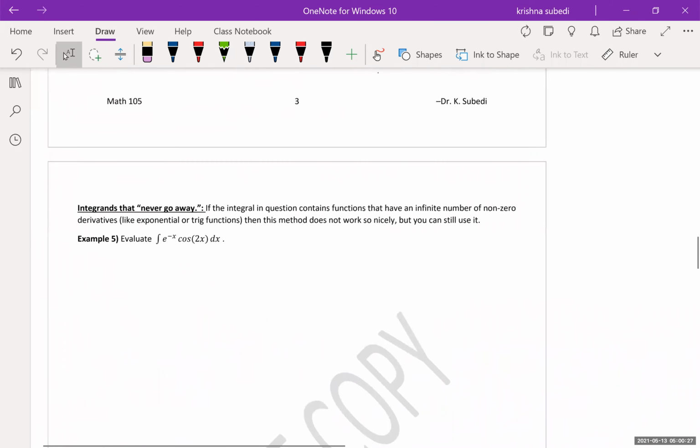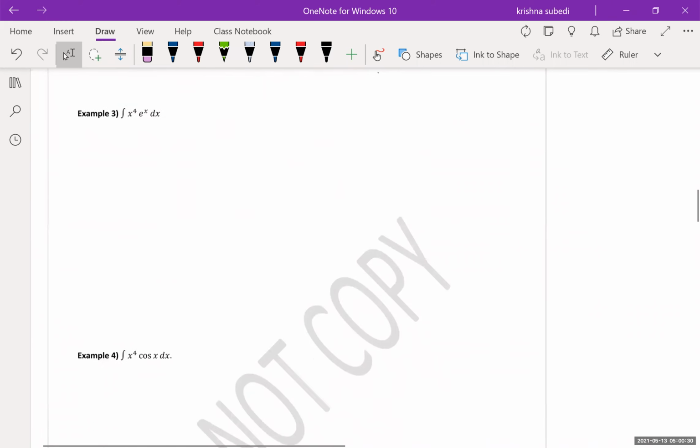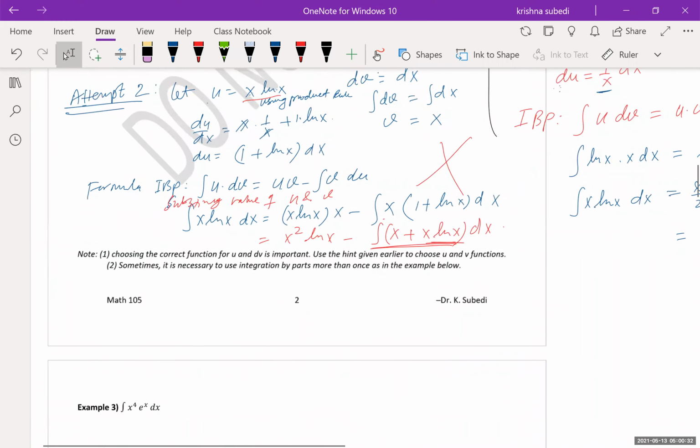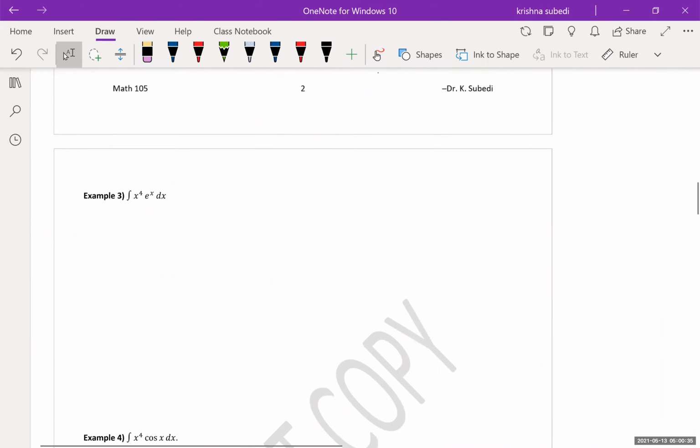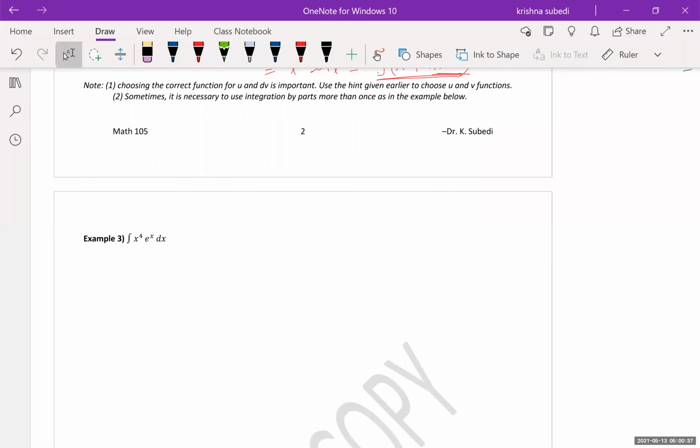Any questions so far? Okay. All right, so let's try example 3, x to the power 4 e to the x dx.